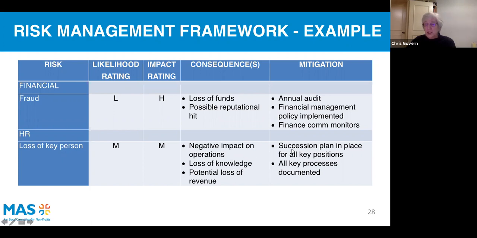But I've got succession plans in place for all key positions, and all of my key processes are documented. So I think I'm in pretty good shape. And I've decided that likelihood is medium and that impact is medium. And so the question I need to ask, is there anything else I should be doing here to mitigate this risk? Or am I satisfied with the way this risk is being mitigated?